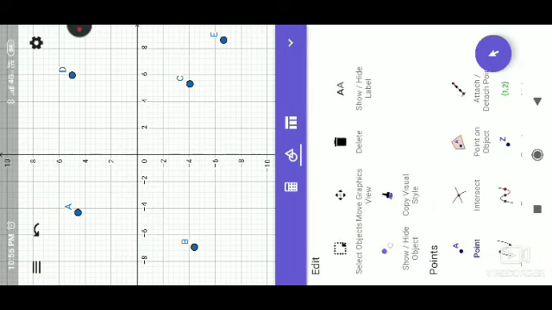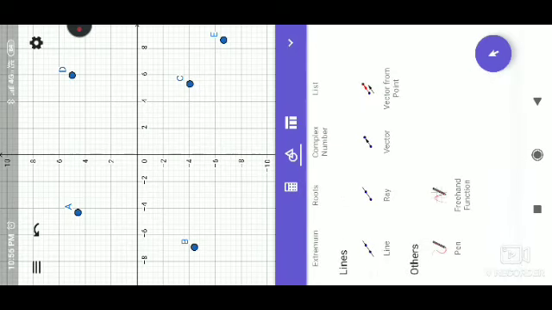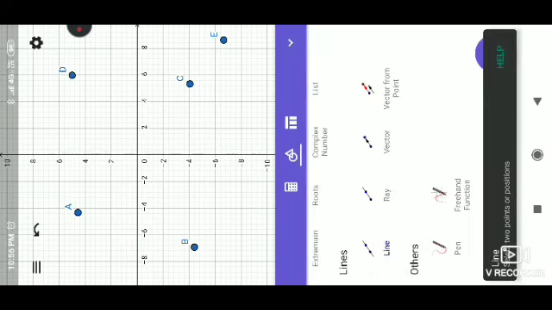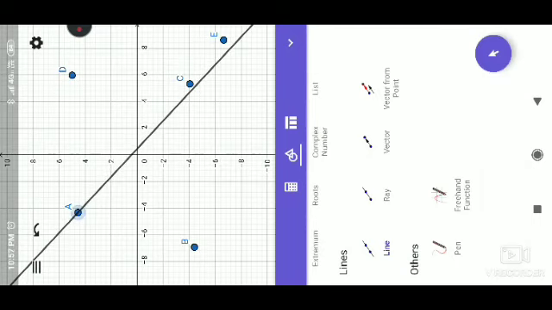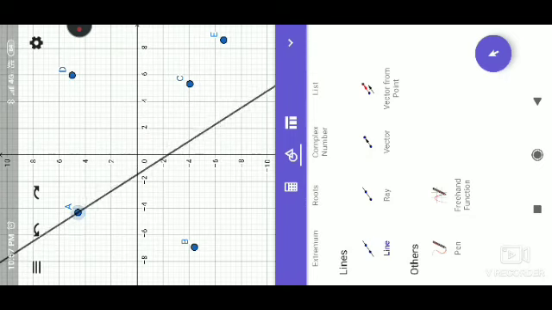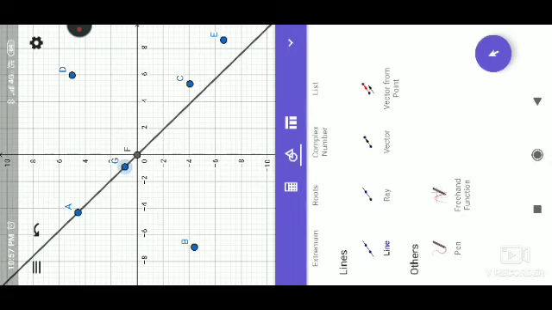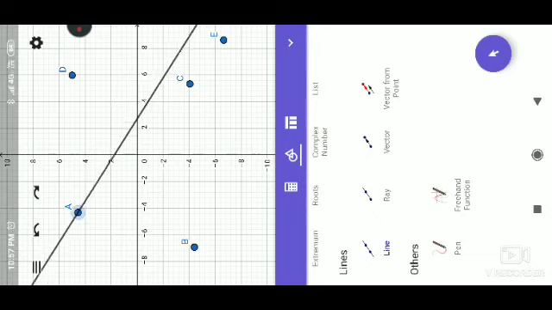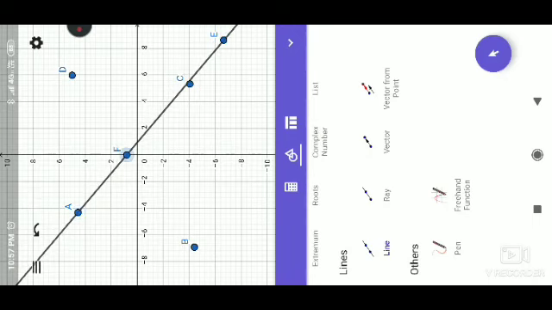and if I try to draw a line passing through these, you will understand which points are collinear and which are not. If you see, this line is passing through points A, C and E. So these points A, C and E are collinear points.